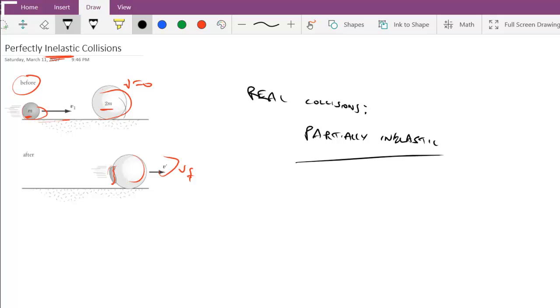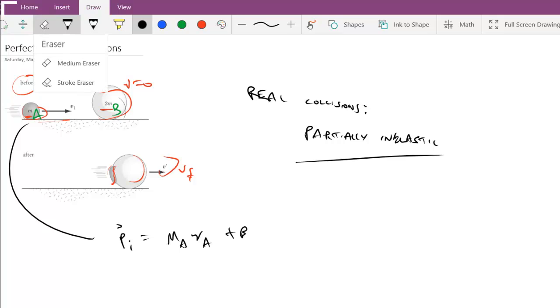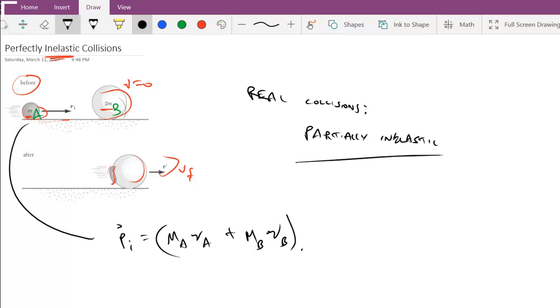So the conservation of momentum for a perfectly inelastic collision: we have here our before. The initial momentum, and I'll call this object A and this object B, will be the mass of A times the velocity of A plus the mass of B times the velocity of B, all in the initial condition, right?